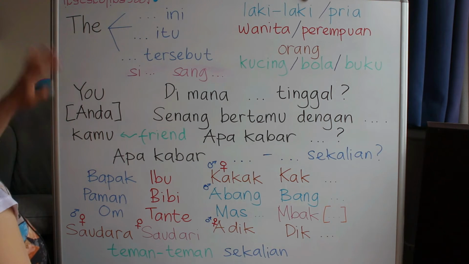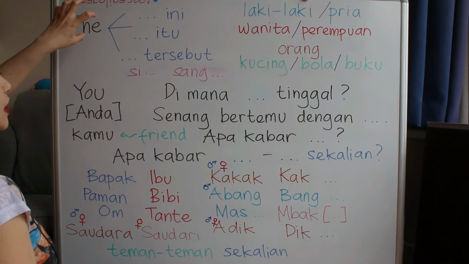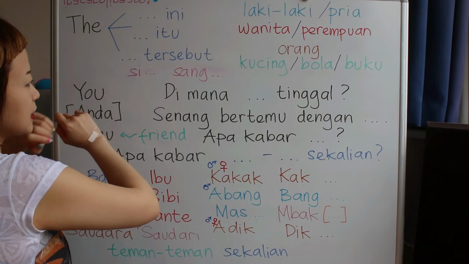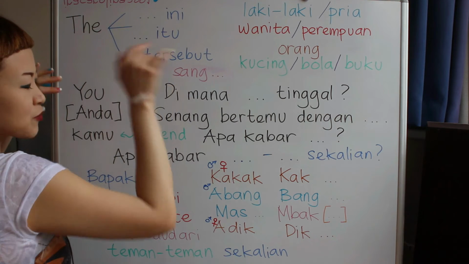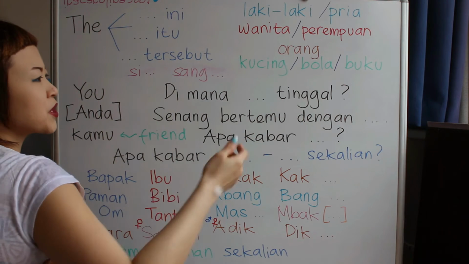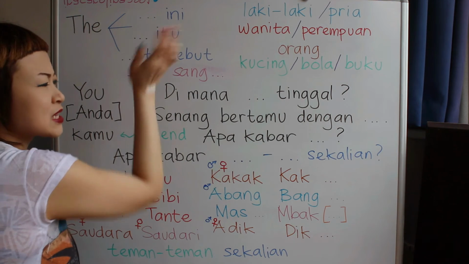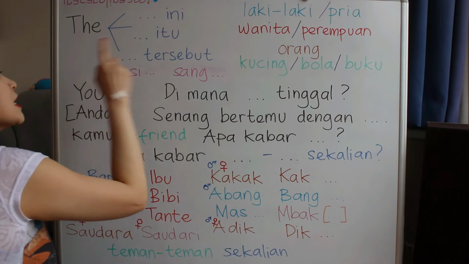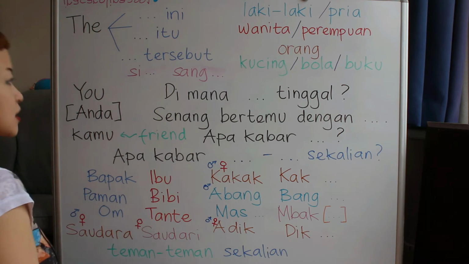And the use of "the" nowadays is in a different formation than this one. This one is kind of rare but still being used, but more into fable, more into myths or old literature, something like that. That's why we will talk about si and sang in the next video.